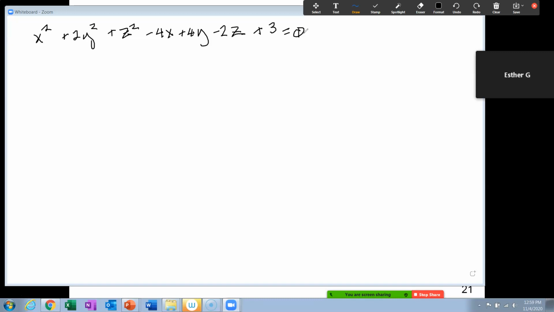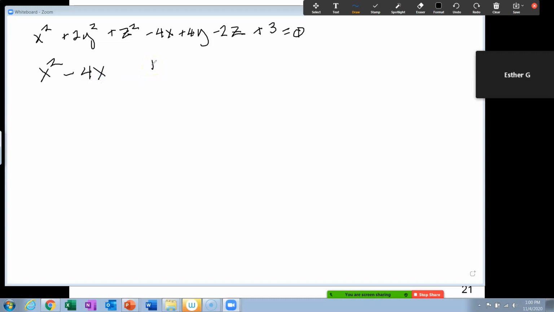Now, what it says to do is classify and sketch the surface. So we've got to get it into some sort of standard form. Here's my suggestion to you: get all your variables together. The first thing I'm going to do is x squared minus 4x, and leave a blank there.